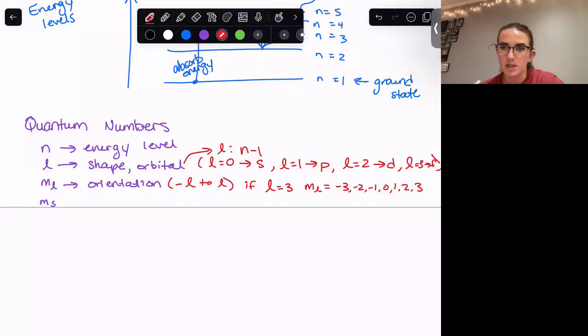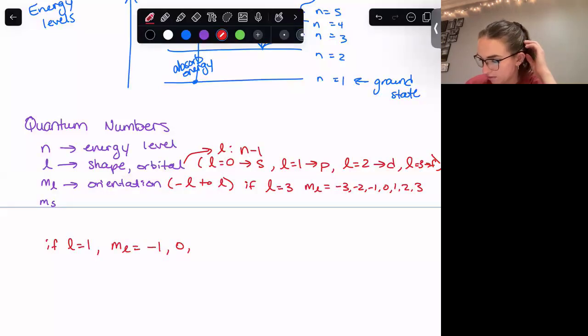So someone just asked what orientation means. This is how it is laid out around the nucleus. So if you think about the p orbital, there's 3 subshells that it can be in. If l is equal to 1, then m sub l can equal negative 1, 0, 1, which means we have 3 orientations.